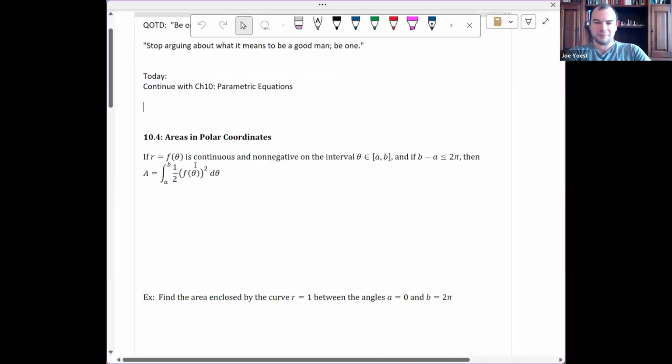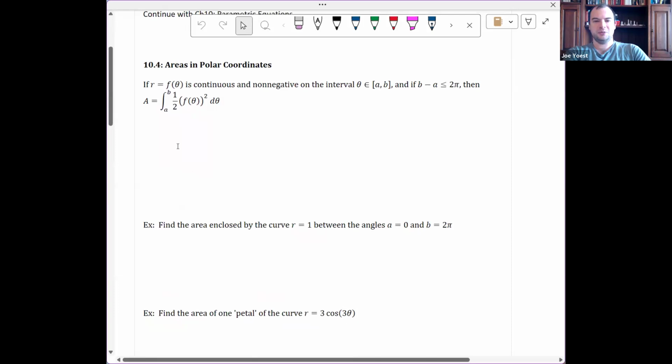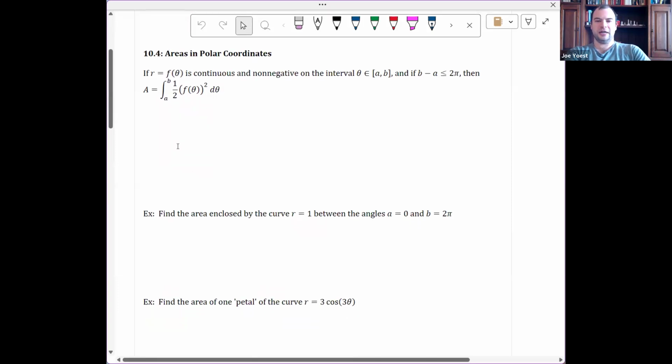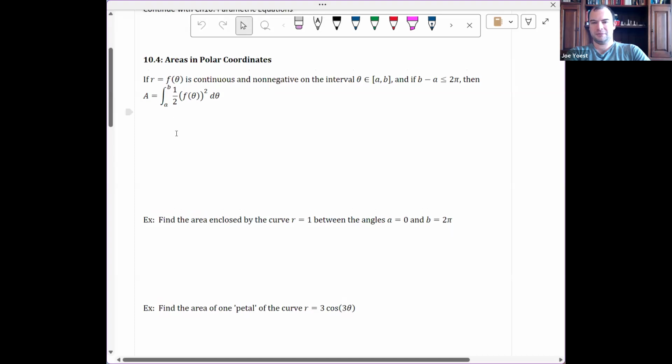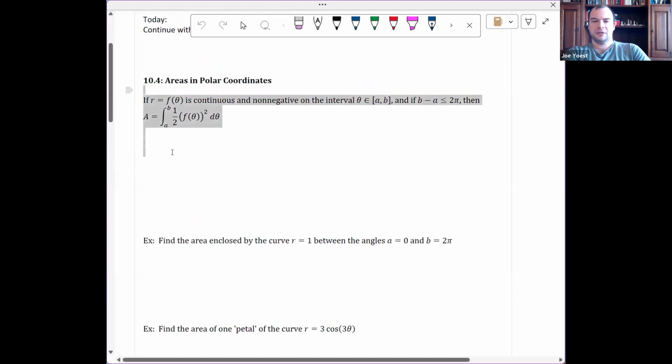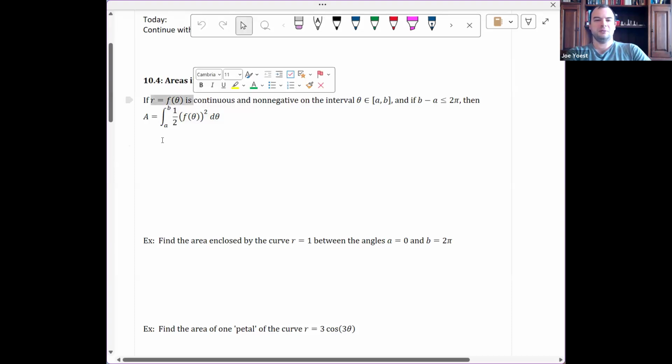So, okay, let's move on to 10.4, areas in polar coordinates. And we have a definition here. We mentioned last time that we can think of polar functions, r as a function of theta, like this, r equals f of theta.